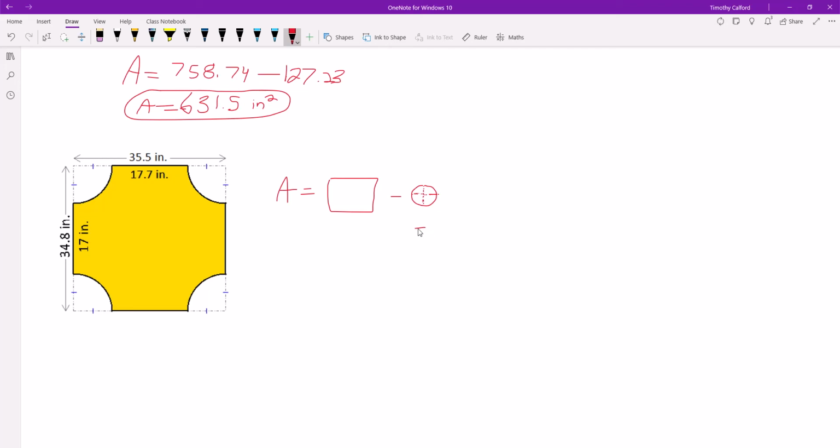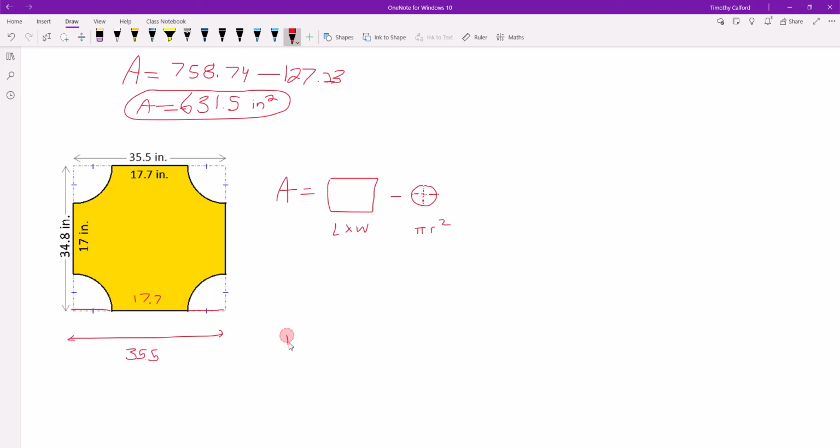So that's just pi times the radius squared. And this is length times width. So what we'll need is the radius. So let's see if we can figure that out. If we know this total length all the way across is the 35.5, and we know that this is 17.7, in that case, if we subtracted the 17.7, it would leave us with this and this.